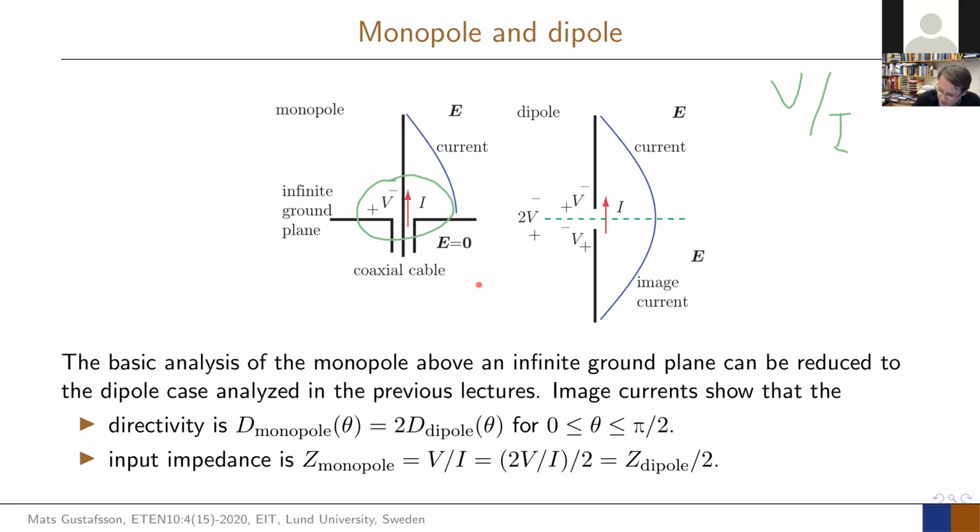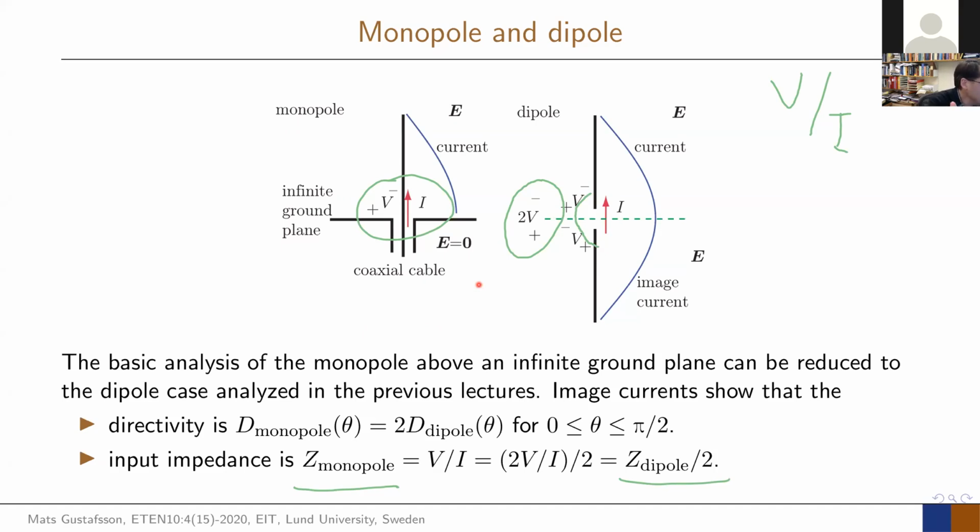But what do you have in this case for the dipole? There you actually go in the step that goes all the way from the lower part of the metal to the upper part of it. And that's twice that voltage. And that means that the input impedance of the monopole is half the input impedance of the dipole. So you just got half of it out.